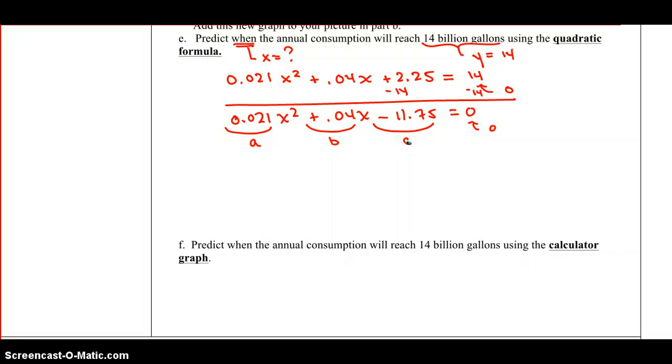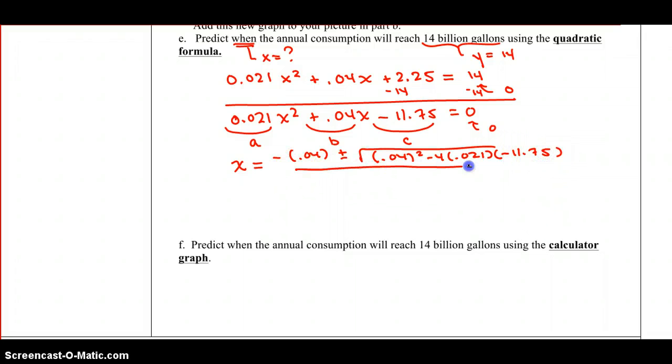Okay, so if we plug those into our quadratic formula, x is the opposite of b, give or take the square root of b squared minus 4ac, all over 2a. So like I said, once we start dealing with real-world data, these coefficients are never as nice as they are in the made-up problems that we started with in the unit.